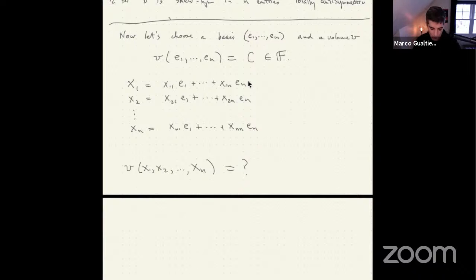So we can just expand this out. So what will this be? So this is going to be V of x11 e1. Right? We just need to plug in all of these things and then expand. Okay, so what will we get?